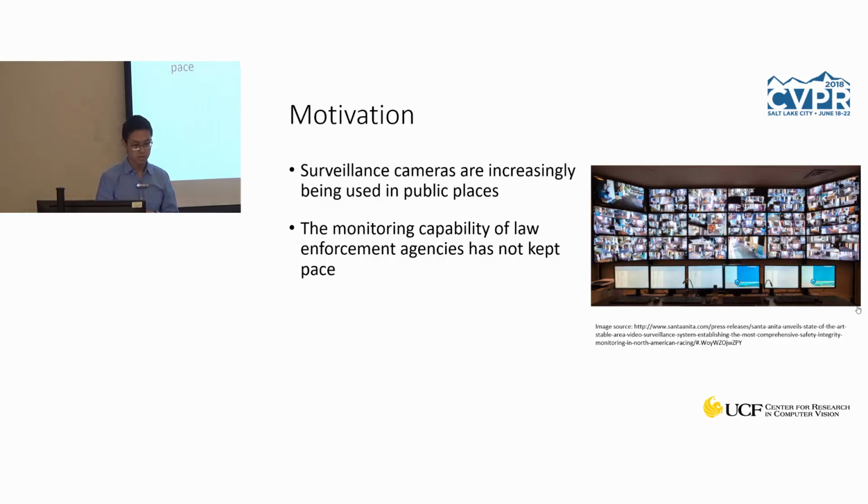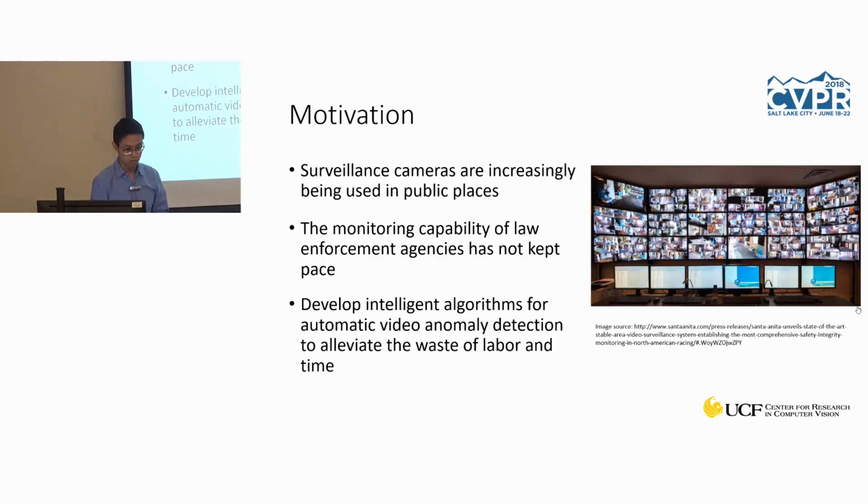So oftentimes, if there's an anomaly and no person watching the video, you will miss that. So we develop an intelligent algorithm to automatically analyze those videos and flag those anomalies to the officer. Then the officer can take action when the anomaly happens. This will save a lot of time and a lot of labor.